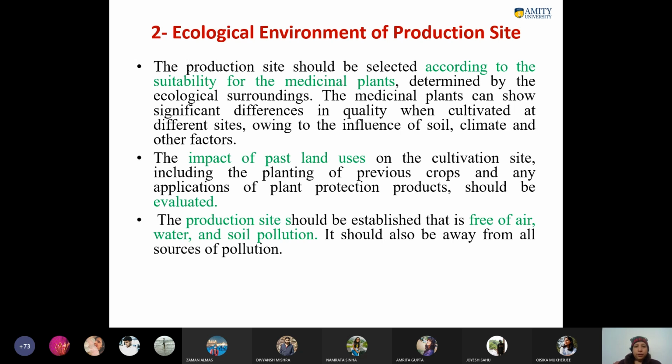ठीक है, तो इसके अलावा ये देखा गया है कि अगर आप कोई भी plant grow करते हो तो उसमें active constituents होते हैं, जो उसके chemical constituents which are important for its therapeutic activity, जो medicinal property है, तो वो काफी vary करता है depending upon the soil climate. ठीक है, तो अगर एक जगह it is possible कि if you are growing a particular plant, suppose for an example Ashwagandha, it is grown in Rajasthan, okay, and one farmer is growing in UP.